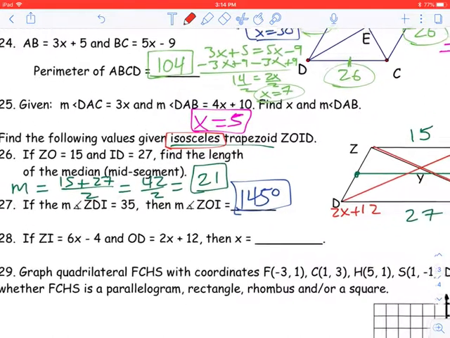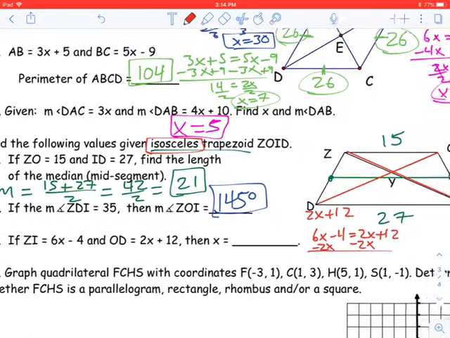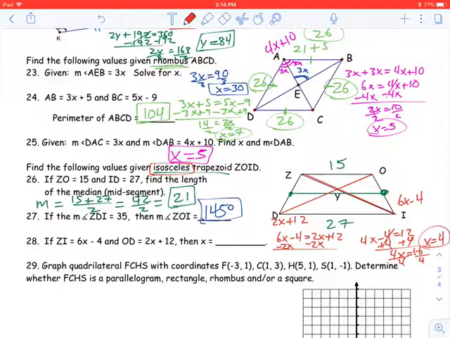So that's going to be 6x minus 4 equals 2x plus 12, and now I can go ahead and solve. So I subtract 2x from both sides, which is going to give me 4x minus 4 equals 12. And I get 4x equals 16, and therefore x equals 4 for number 28. So there it is, 4. Didn't have to find anything else there.